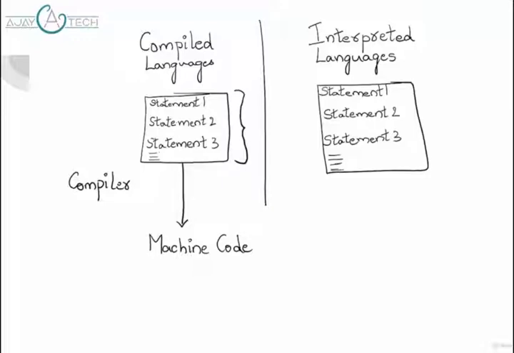So here we have the processor that executes the machine code. Now, for example, if you have to make any changes to the code that has already been compiled, say for example, you have added a new statement in the existing code, in that case, the entire program will need to be recompiled.